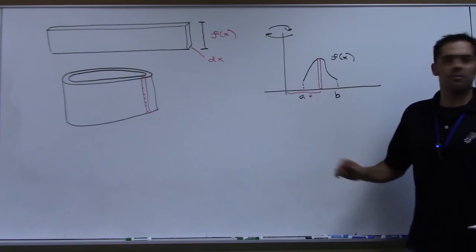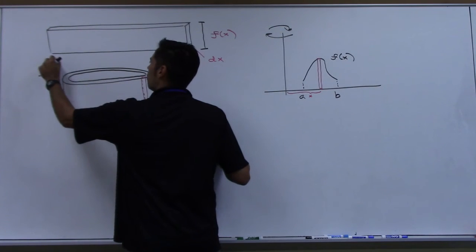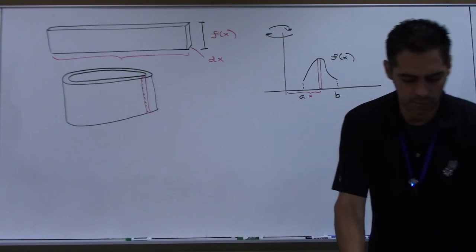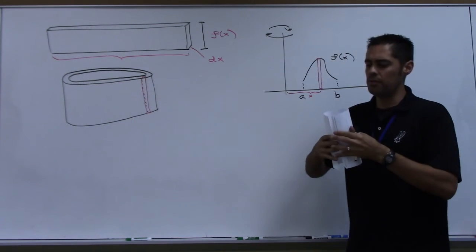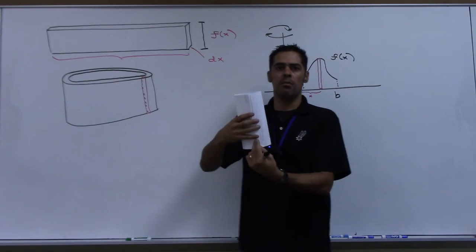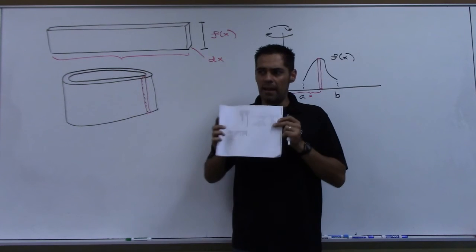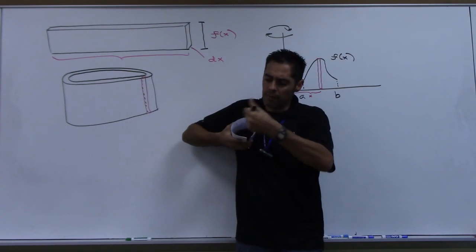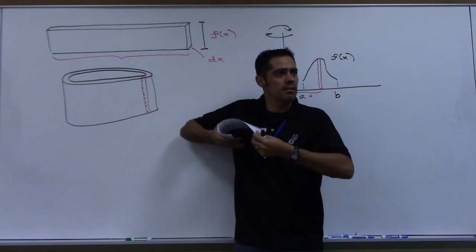And then this is the hardest part of it. How long is this thing? You had your thing here, right? We cut it open, we rolled it out flat. So this length is actually the circumference of the circle right there, isn't it?